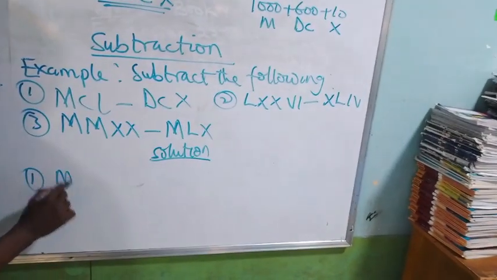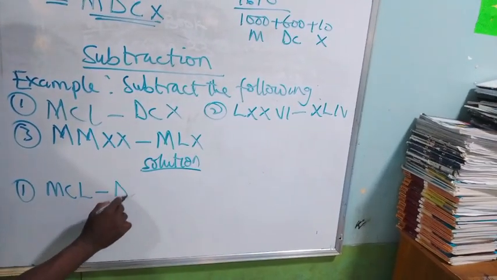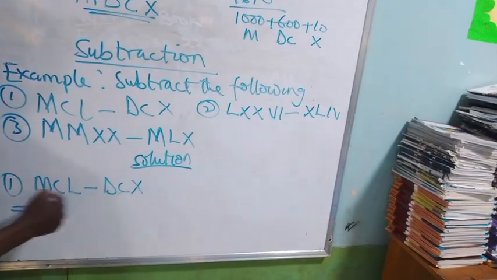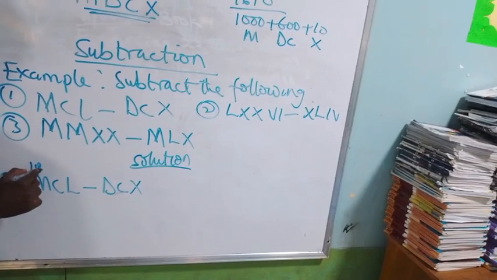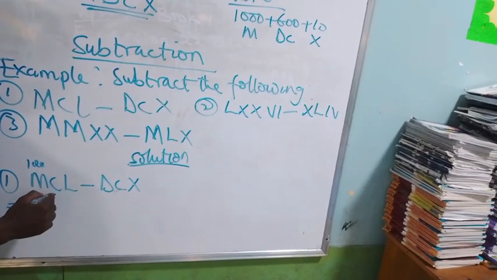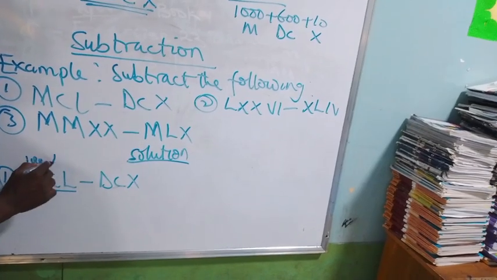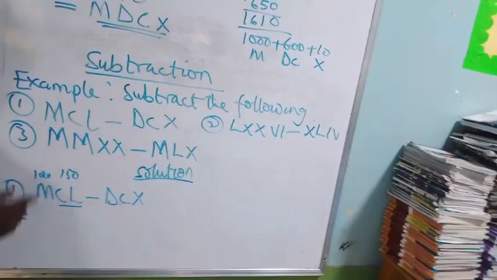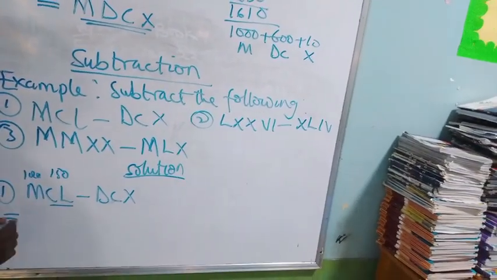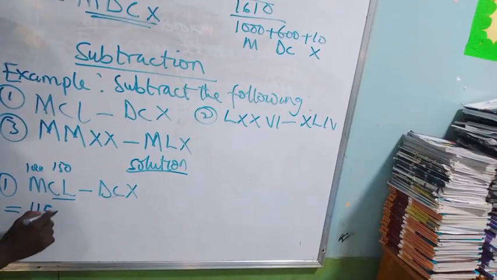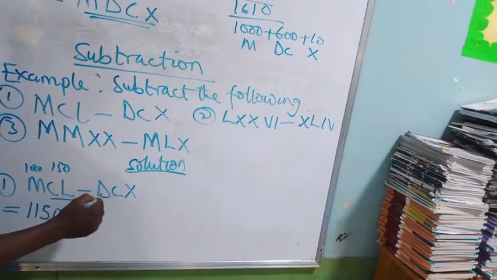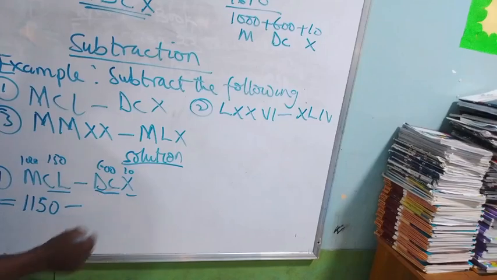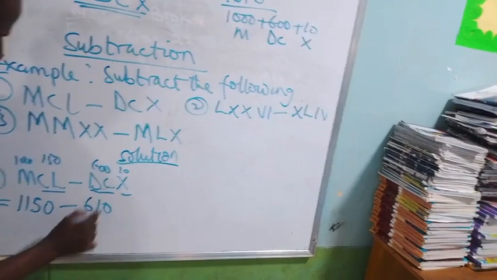Question number 1, MCL minus DCX. We convert these to figures. M is 1000, CL is 150, C is 100 and L is 50. So 1000 plus 150 will give us 1150, minus DC is 600 and X is 10, so we have 610.